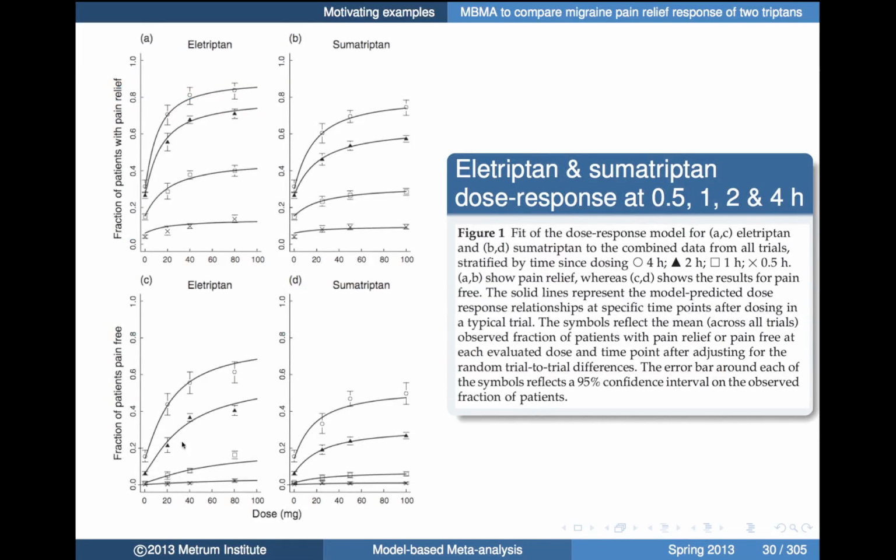You can see what those look like. The different curves correspond to different times. I guess we're going from the lowest curves, the earliest times, going up, so you've got half hour, 1, 2, and 4 hours.